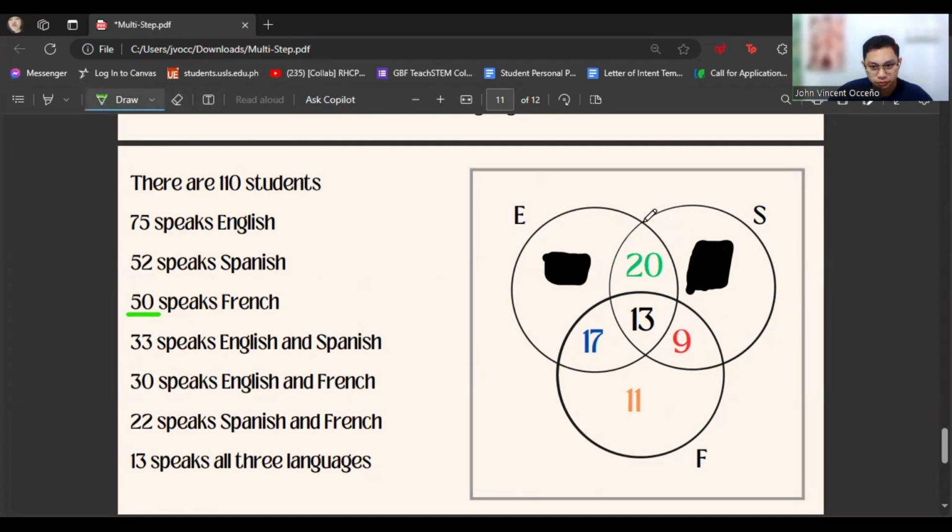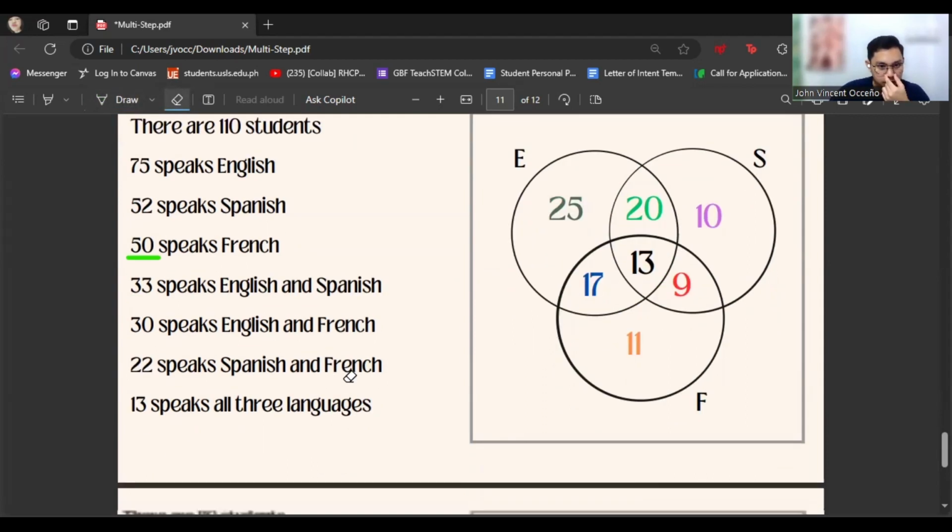For Spanish, we get an answer of 10. And lastly, for English, those 75 people who only speak English, we subtract the sum of this intersection, 70. So an answer of 5.